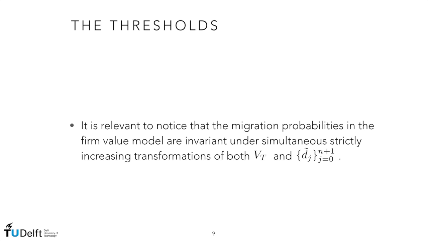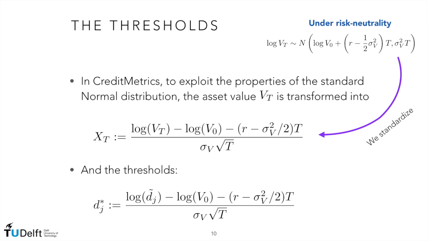It is worth noticing that the migration probabilities are invariant under simultaneous strictly increasing transformation of both V_T and the threshold d. We know that log V_T follows a normal distribution with the mean and the variance we have already seen. We can create a new variable X_T by standardizing log V_T, that is by removing the mean and dividing by the standard deviation.